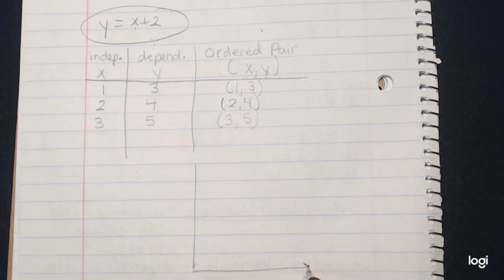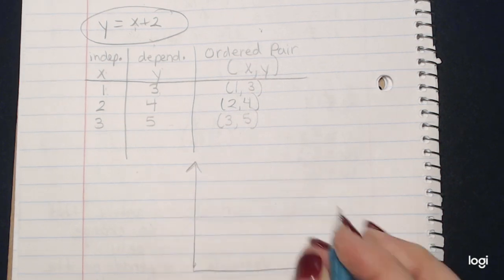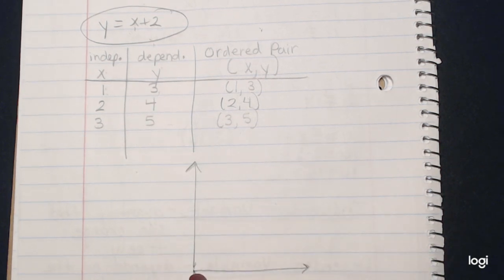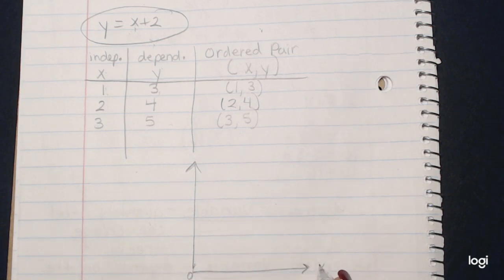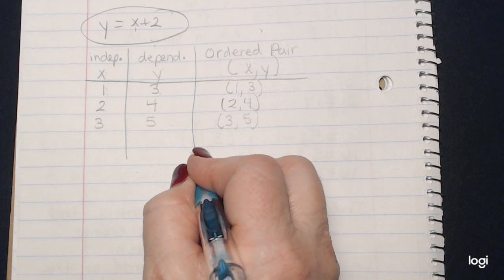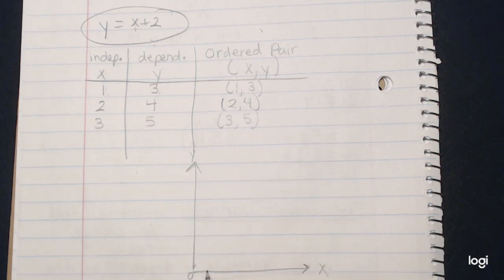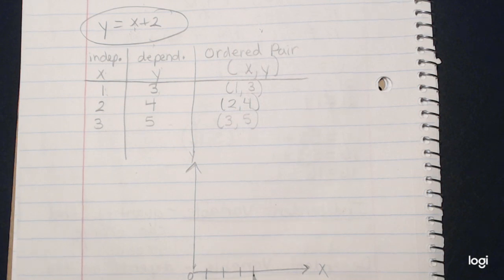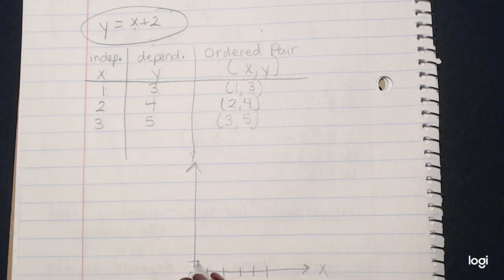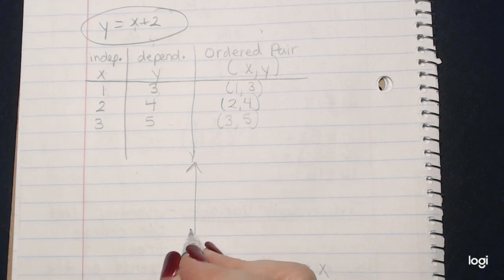We're going to go something like this to just kind of have some notes. This, of course, is my origin. It's going to be 0. This is my x-axis. This is my y. If I put some tally marks here, for example, 1, 2, 3, 4, and 5. And then we'll do the same thing here. 1, 2, 3, 4, and 5.